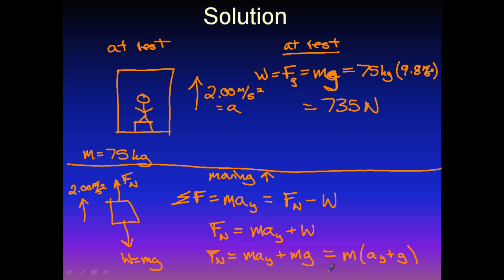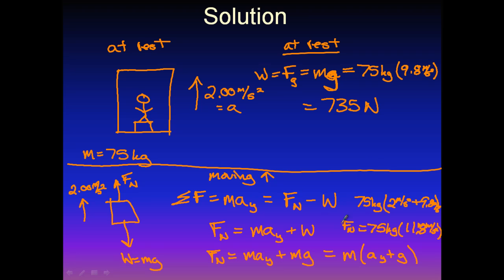I'm running out of room, so I'm going to come up here a little bit. Now we can plug in our numbers. We know our mass is 75 kilograms. We know acceleration in the y is 2. We know our gravity is 9.8 meters per second squared. So our normal force is going to equal 75 kilograms times 11.8 meters per second squared.